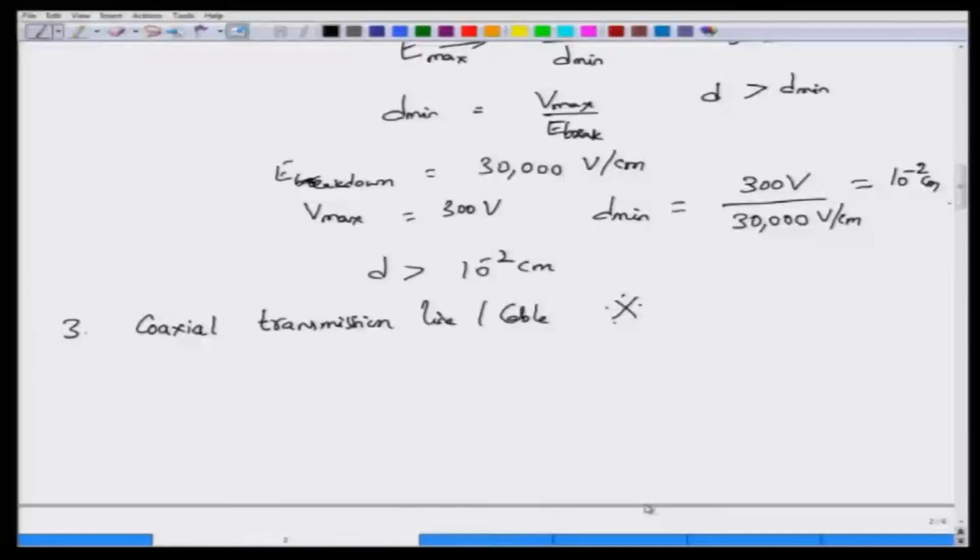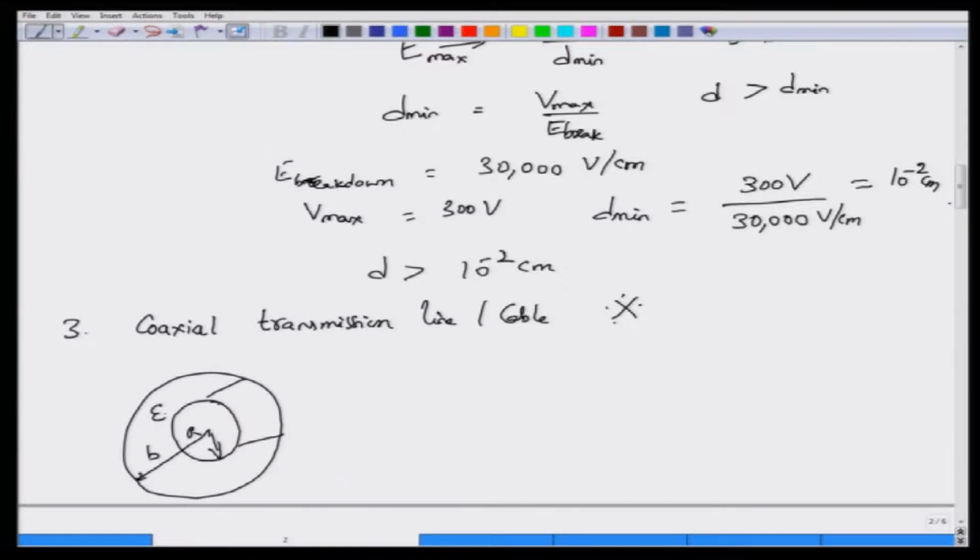So, how do we calculate the capacitance of a coaxial cable? First, let us look at the structure of a coaxial cable. A coaxial cable is composed of two cylinders, one having a radius A and the other having a radius B, and the material in between is filled with a dielectric of permittivity epsilon.